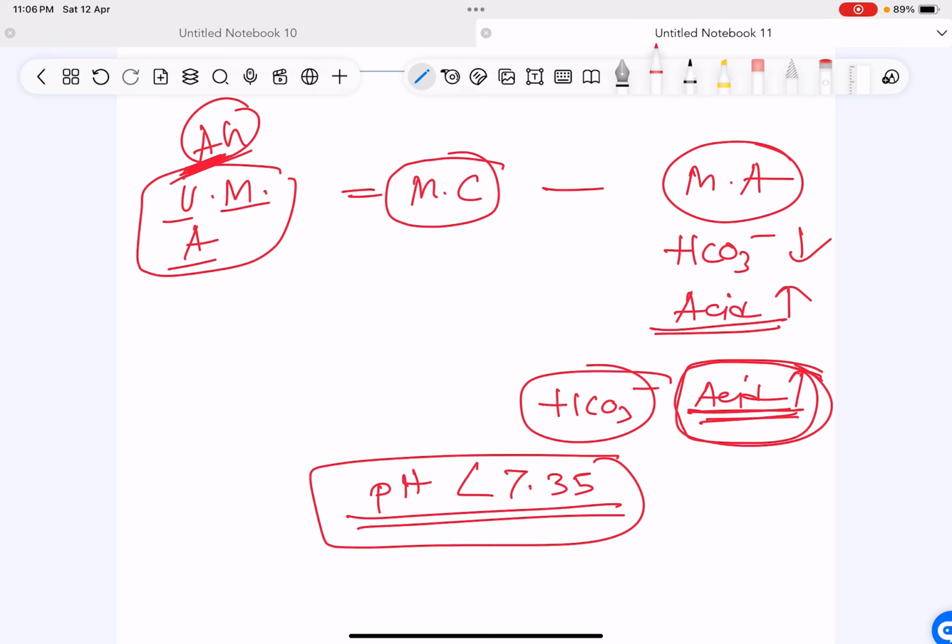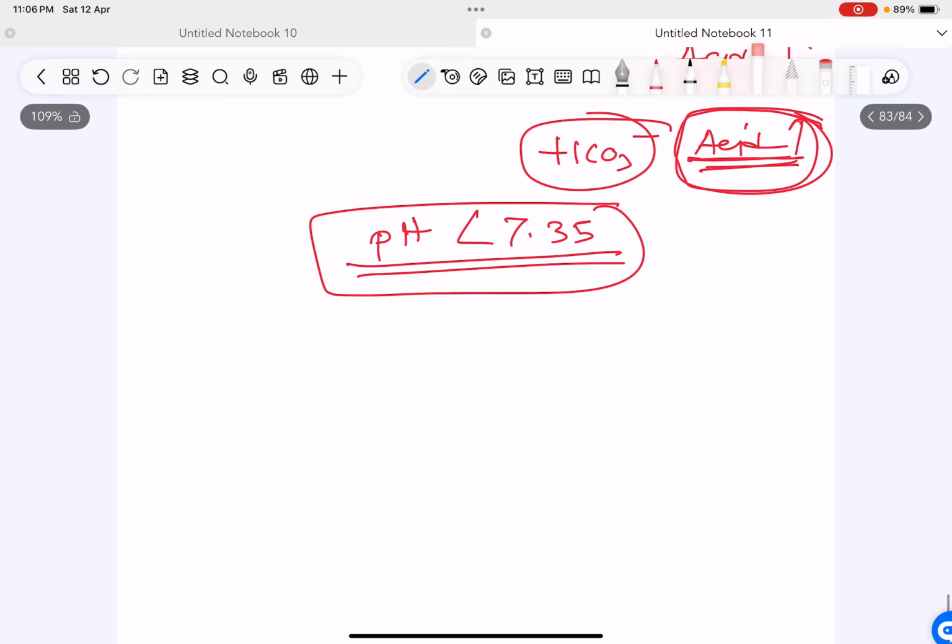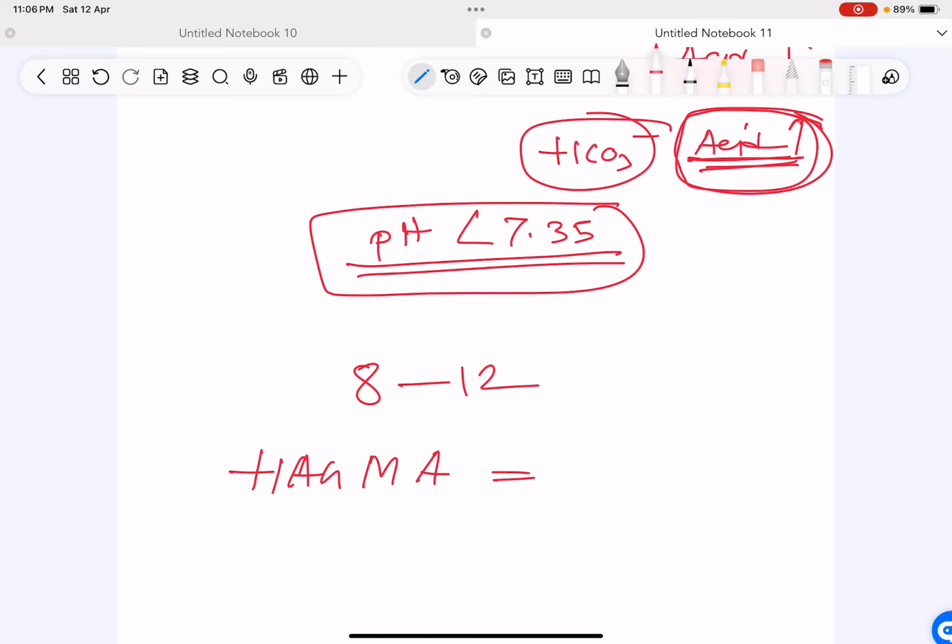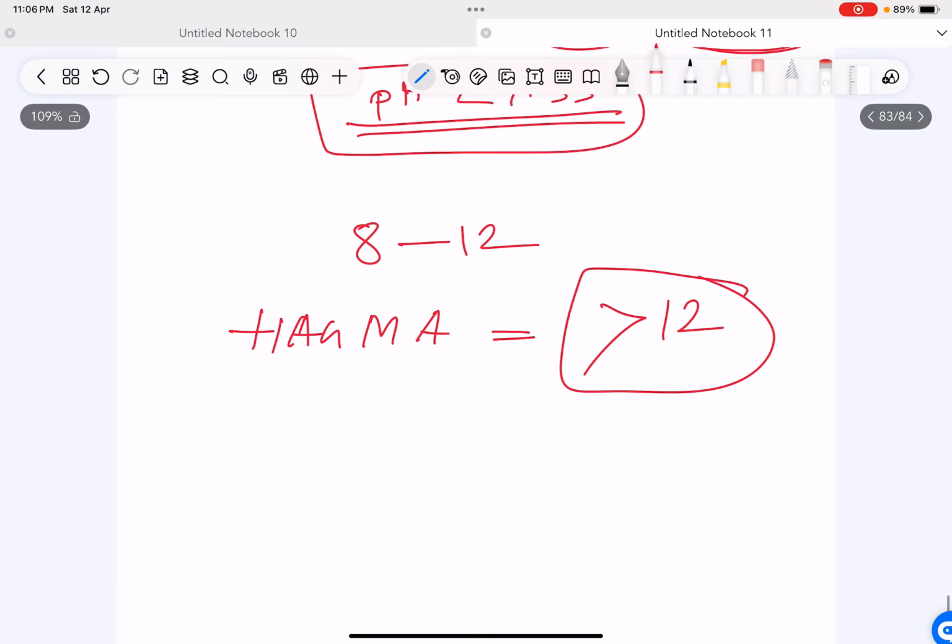And as a result, your anion gap will increase. So what is the normal anion gap? It is 8 to 12. So what do we mean by high anion gap metabolic acidosis? It is when the anion gap is more than 12.